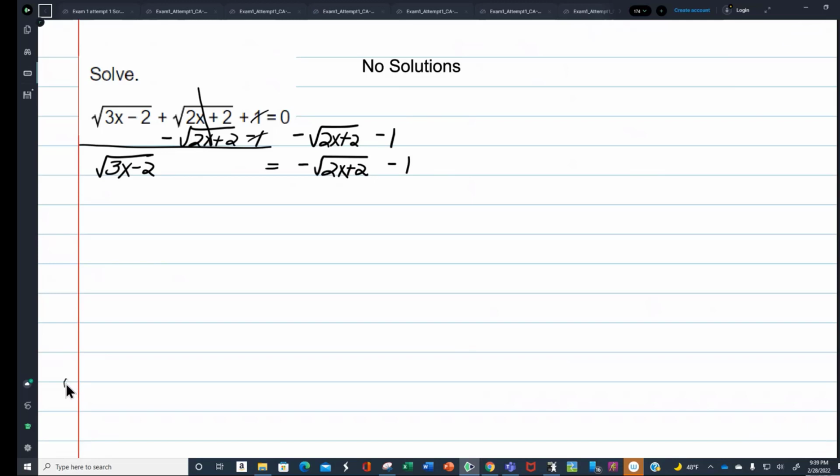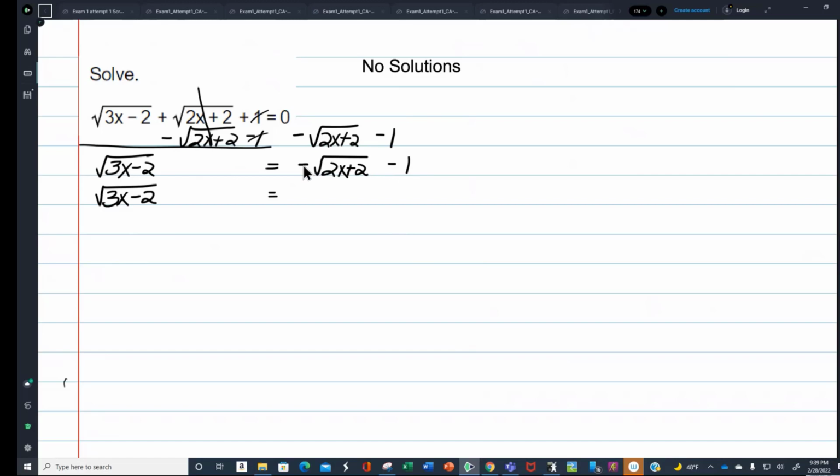Okay, and then I'm going to square both sides, but first, I want to make it very hard for me to make a mistake. So I want to pull out my GCF.